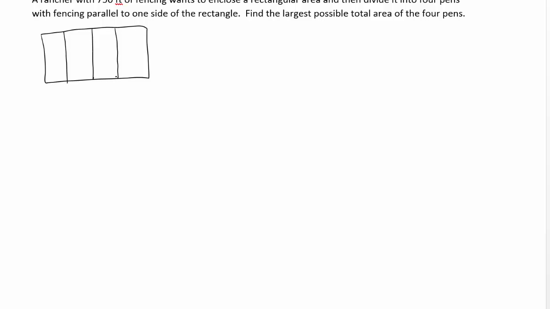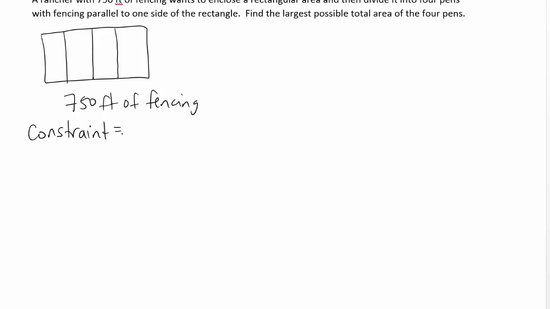And what I know is that I have 750 feet of fencing. So that is kind of my constraint. So for my constraint equation, it's going to be the amount of fencing that I would need to use around this shape, and that total amount of fencing has to equal 750.